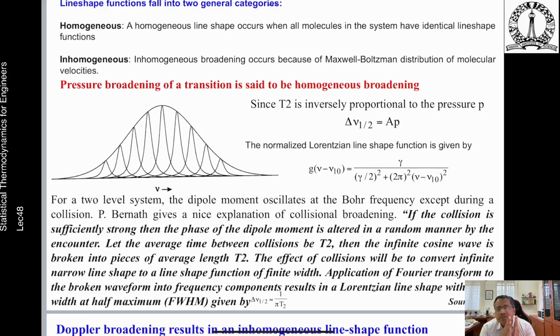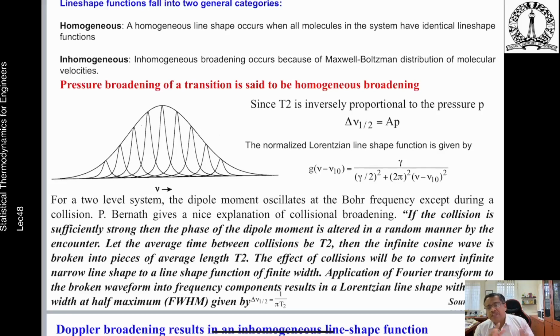Bernard gives a nice explanation of collisional broadening: if the collision is sufficiently strong, then the phase of the dipole moment is altered in a random manner by the encounter. If the average time between two collisions is T2, then the infinite sine wave is broken into pieces of average length T2. So the effect of collision is to convert an infinitely narrow line shape to a line shape function of finite width.